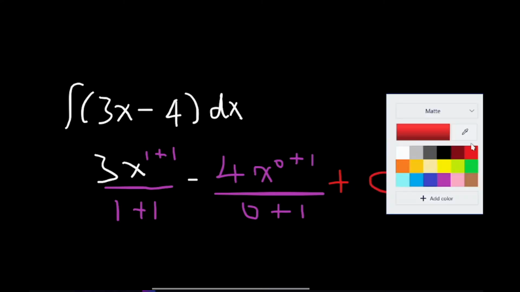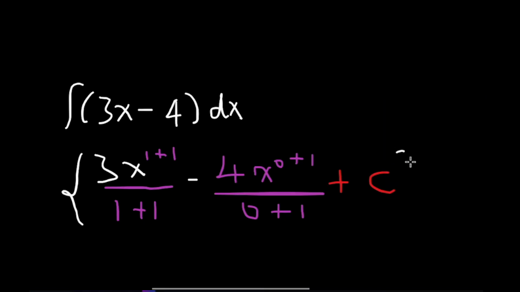Now we have dealt with the major portion of the antiderivative part. What's left is to express this in its simplest form, so we have to do a little bit of addition here and there to tidy up our work.